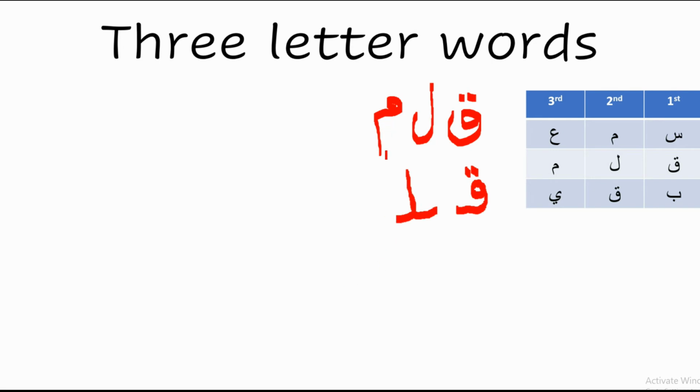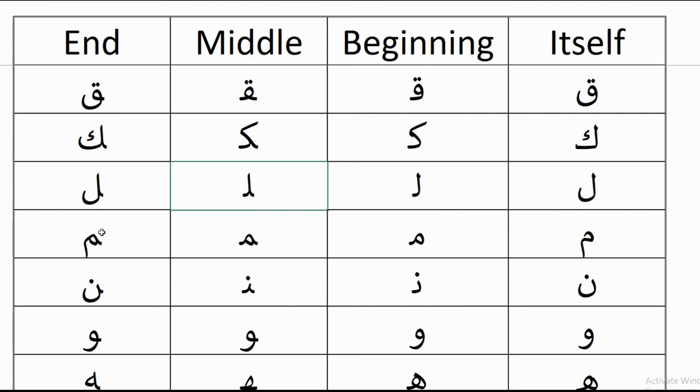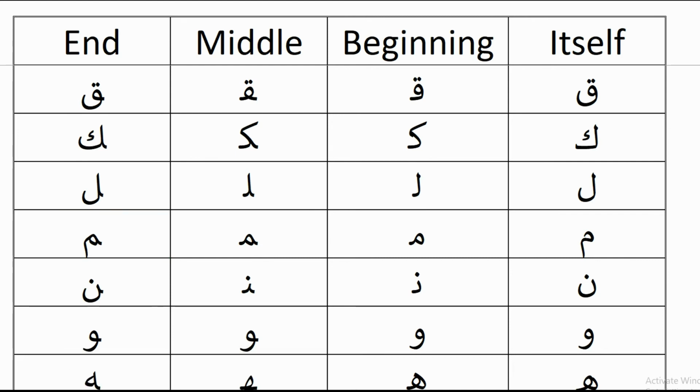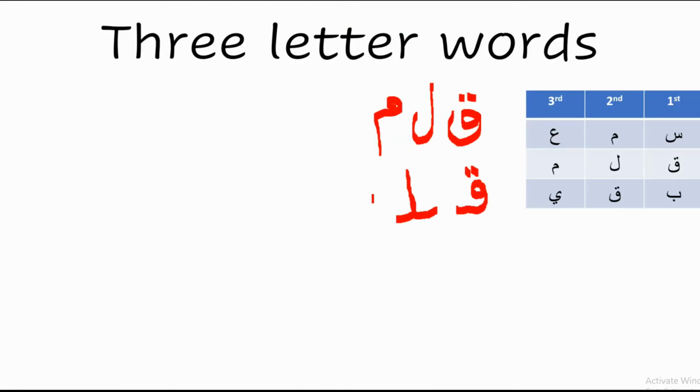Meem is at the end of the word. Let's see how meem looks like at the end. Meem at the end is like this. Let's copy this. So this is how meem looks like at the end.